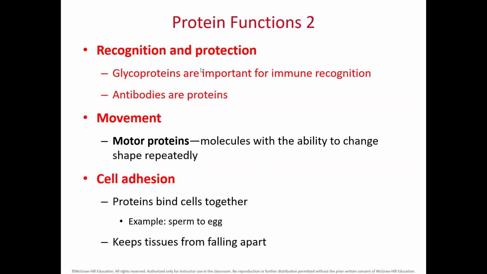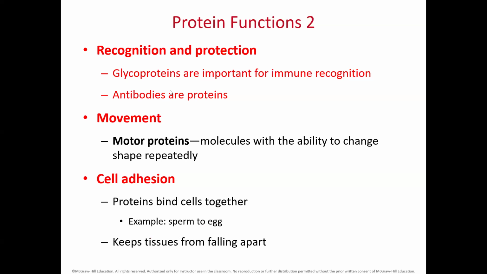Other functions, recognition and protection. Like we mentioned a little bit, the combination of glucose and proteins, which we call glycoproteins, play a huge role in immune recognition. So then our cells recognize different cells that are part of our larger body, and it doesn't attack those cells.